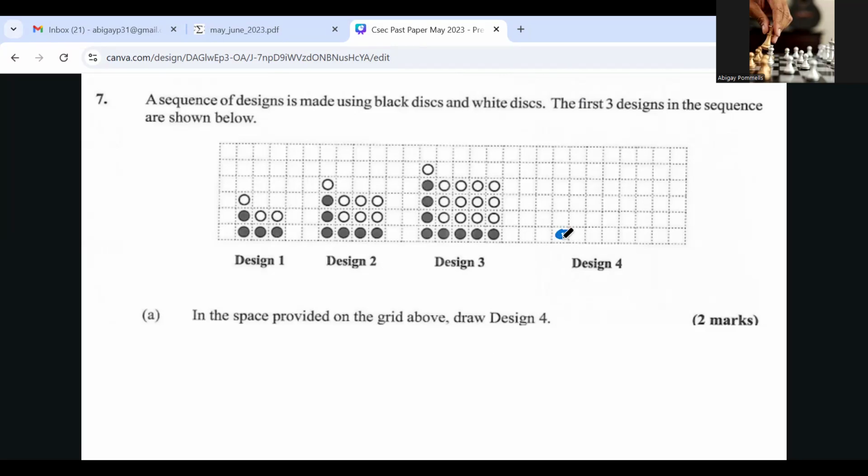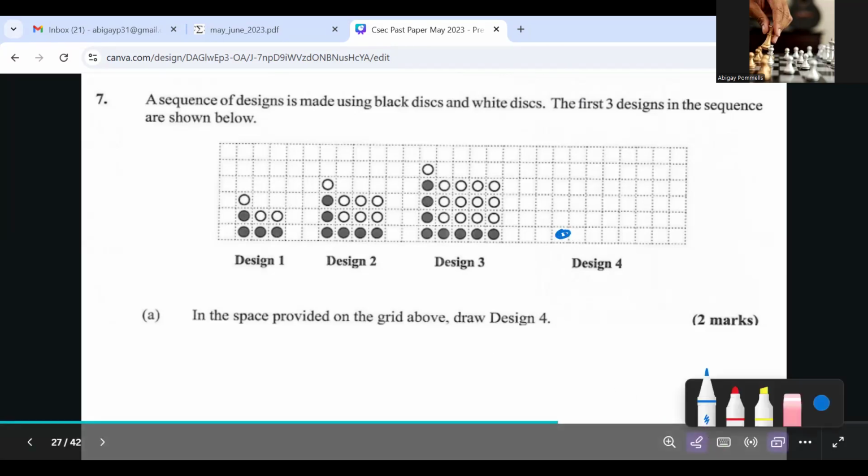Let me do another color. See if we can get black.